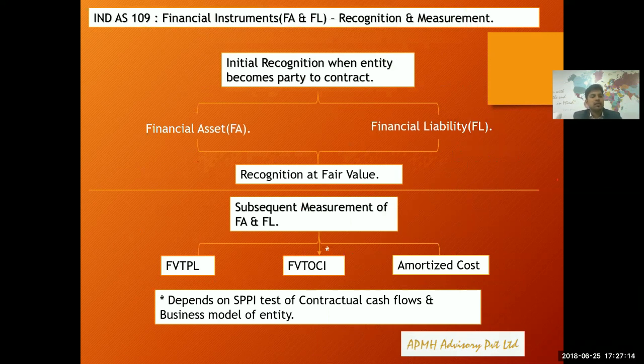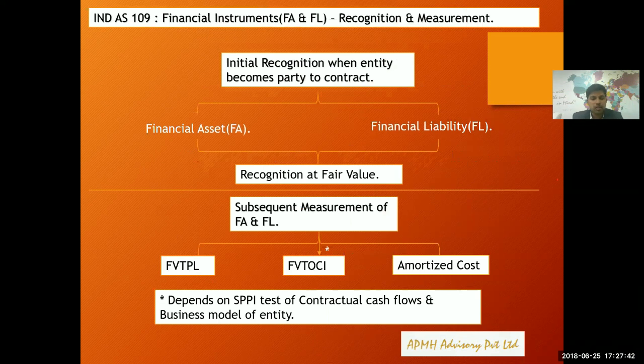IND AS 109 simply says that initial recognition of financial assets and liabilities, except trade receivable, should be done at fair value, and subsequent measurement of FA and FL is done in FVTPL, FVTOCI, or amortized cost, depending upon the solely payment of principal and interest, that is the contractual cash flow test, and the business model test of the entity.